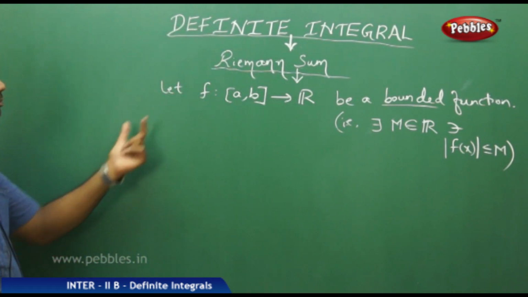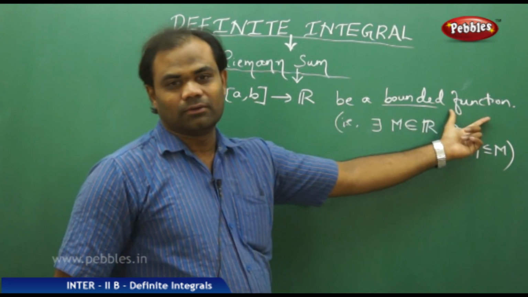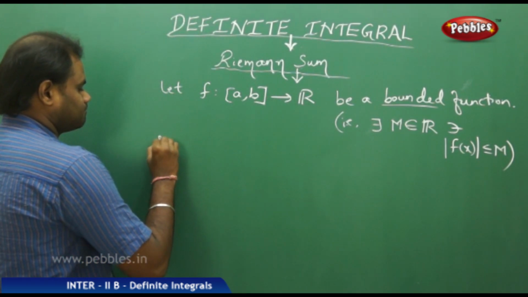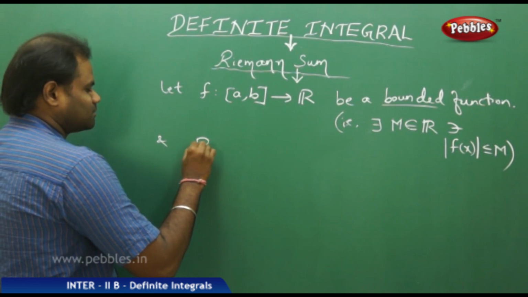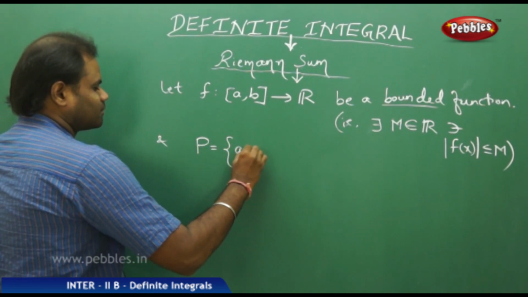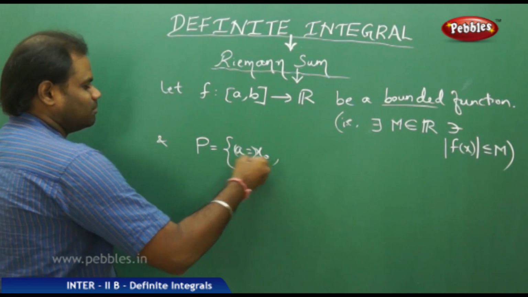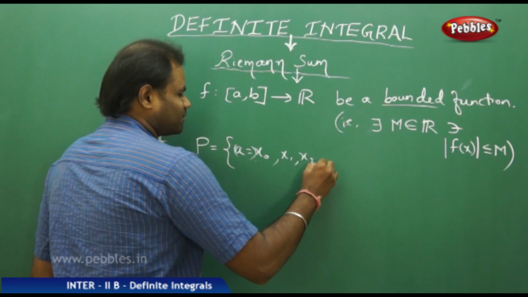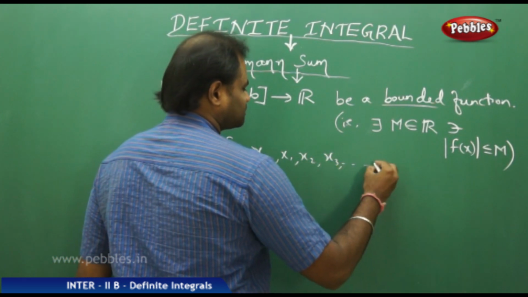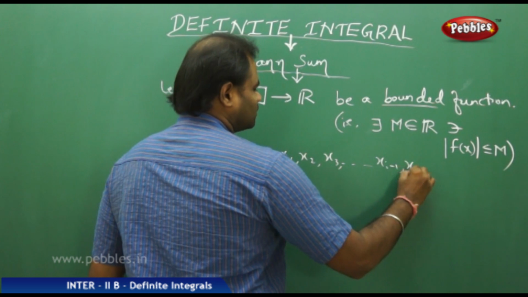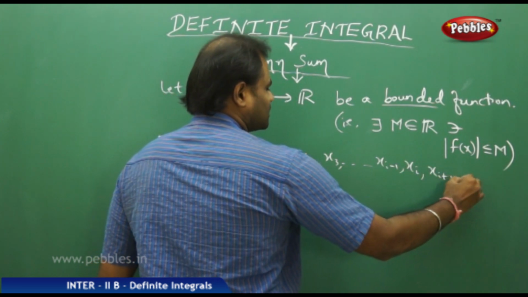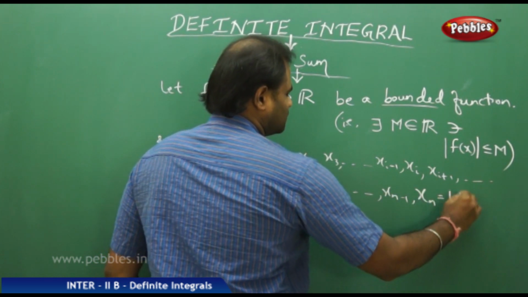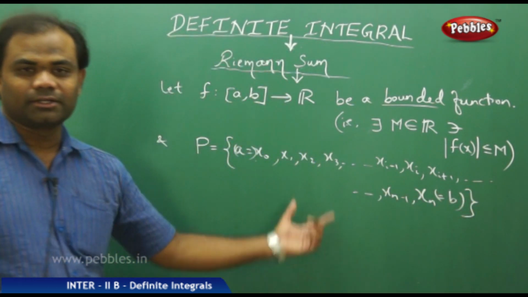So I assume that f from AB to R is a bounded function, and for this I also assume that P equals x0, the first value assumed for A, and next x1, x2, x3, xi minus 1, xi, xi plus 1, xn minus 1 and xn, which we call a partition.